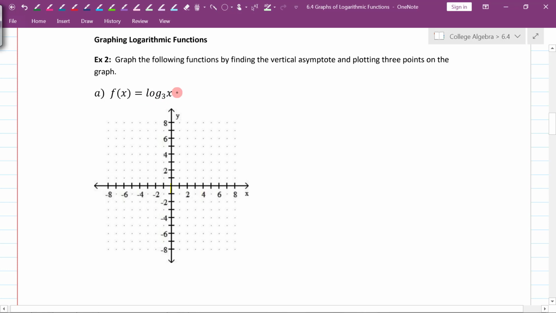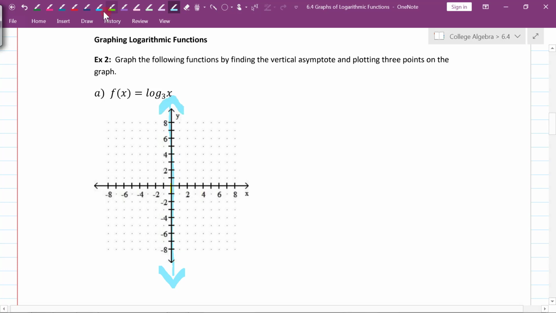Okay, so it says graph the function log base 3 of x. Well, I know what the sketch is going to look like. There's no vertical or horizontal shift. It's just a base 3, which tells me that I'm an increasing function, and it has to do with the stretching and the compression and things of that nature. So that's all, okay? So we know that the basic function is going to be that our vertical asymptote is going to be our y-axis.